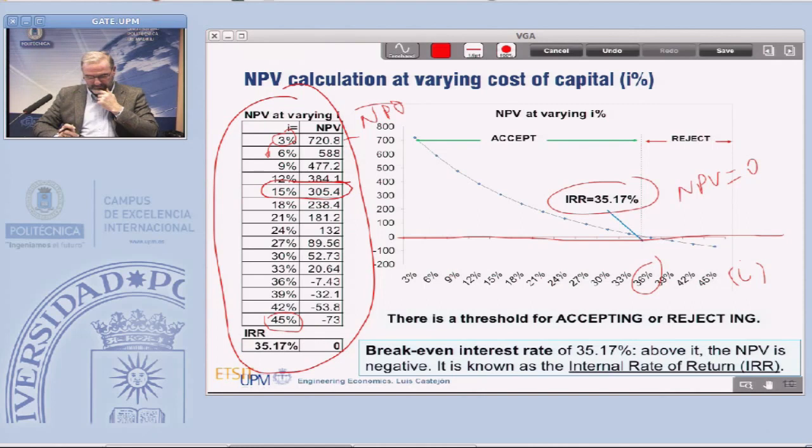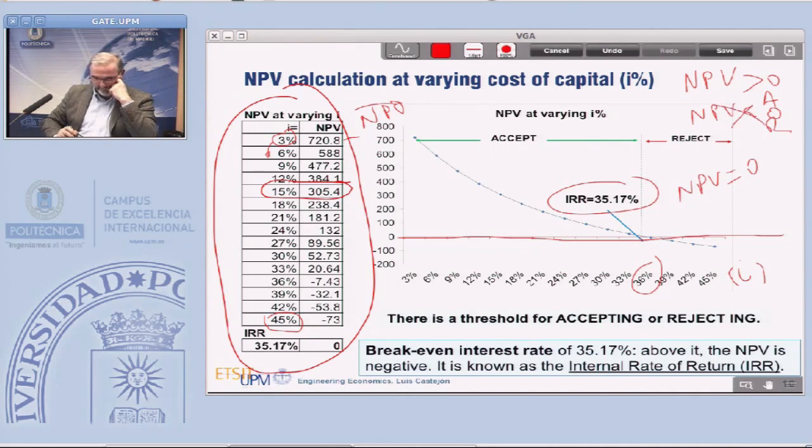So as you remember, we used a rule for accepting or rejecting projects. We said that we will use the net present value: a net present value higher than 0 will be accepted, and a net present value lower than 0 will be rejected.